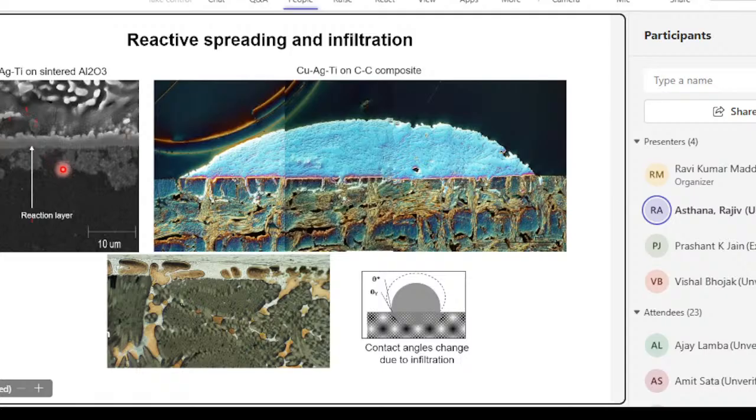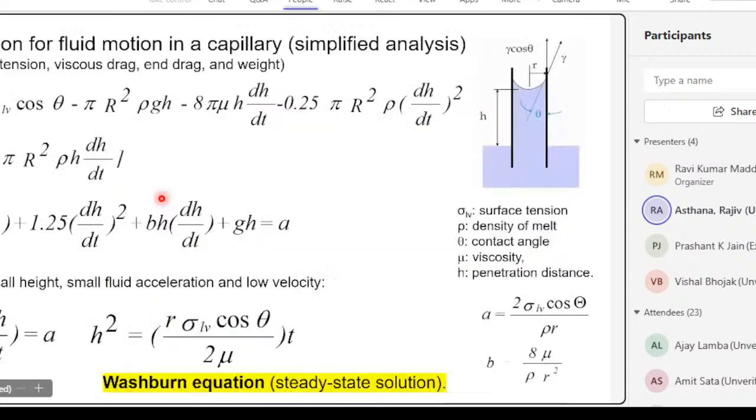So the bottom line is that when you look at high temperature interactions between solids and liquids, there could be many things happening that don't happen in low temperature systems. Water or organic liquids, they don't have those kind of challenges. So I'm looking at high temperature systems that are of importance. I'm going to skip some of the slides here because it won't be very interesting to go over the theory.